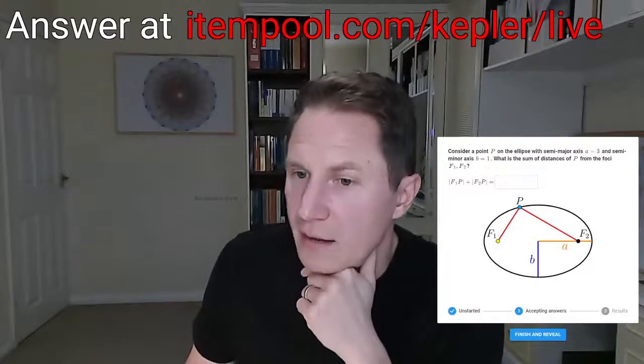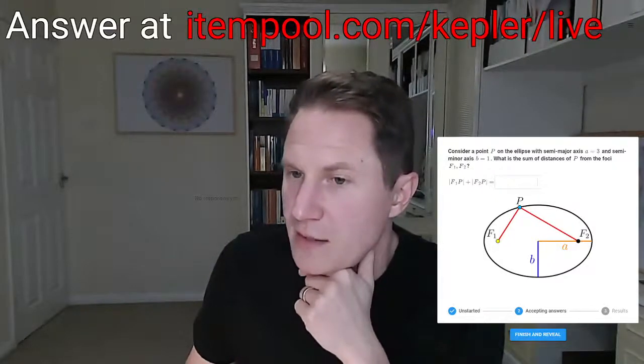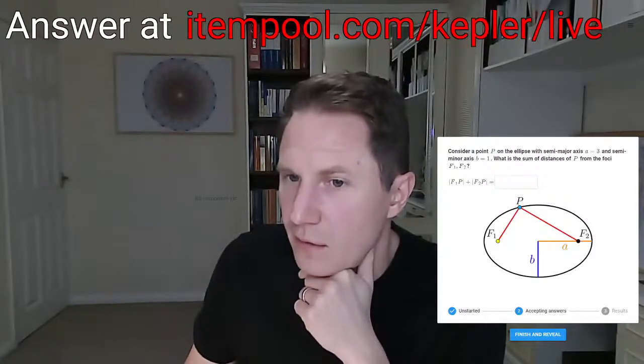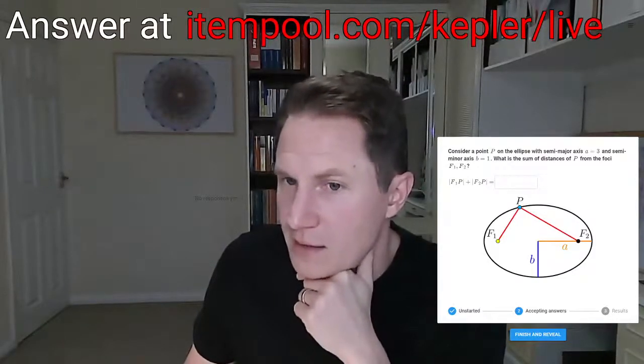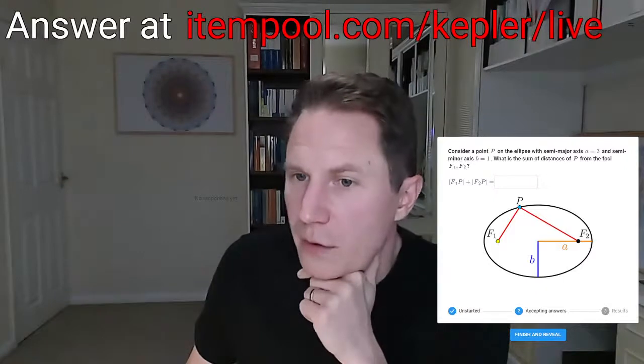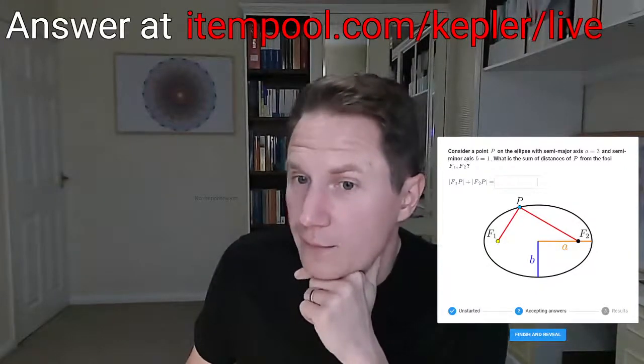So A is the semi-major axis that is equal to 3 units, and B is the semi-minor axis that is equal to 1 unit of distance. And we are looking for the sum of distances of P from the two foci.